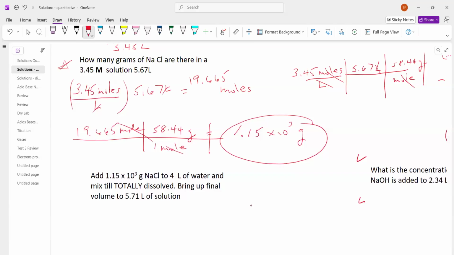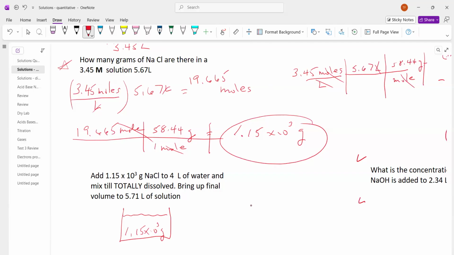Step number one is to take and put your 1.15 times 10 cubed grams of salt in something called, a fancy name for it, a volumetric flask. Okay, I'm using a beaker here, but its official name is volumetric flask.